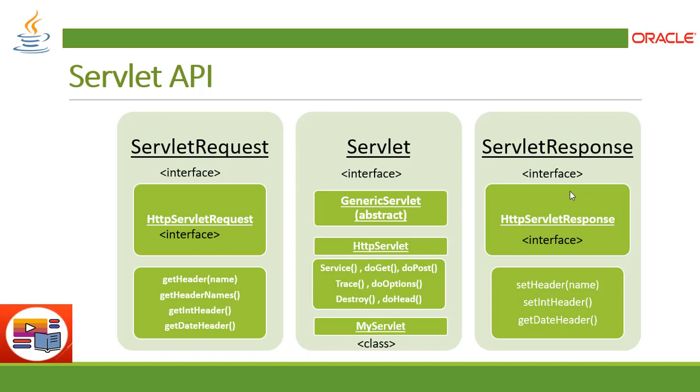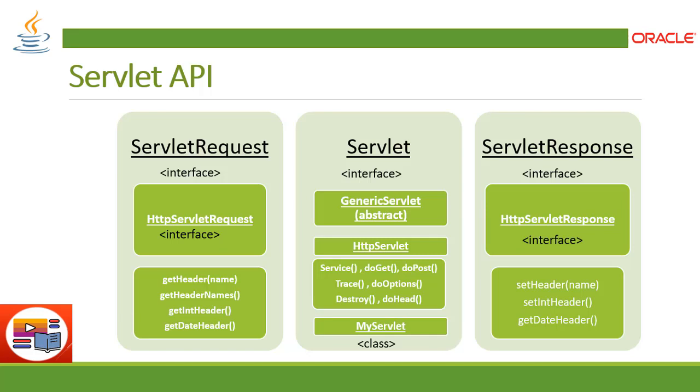The Servlet API is divided into 3 layers. The top layer consists of interfaces and abstract base classes that are not specific to any particular communication protocol. You can see the generic servlet that is available to all other protocols like FTP, HTTP, SMTP. You can use it. The second level consists of abstract classes and sub-interfaces that extend the generic functionality for specific protocols.